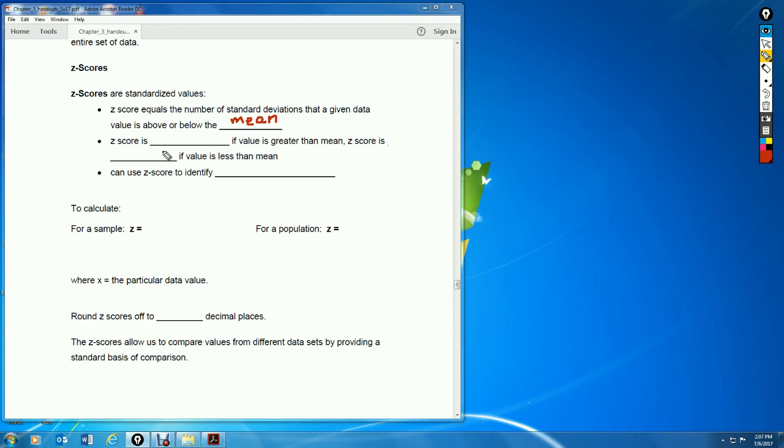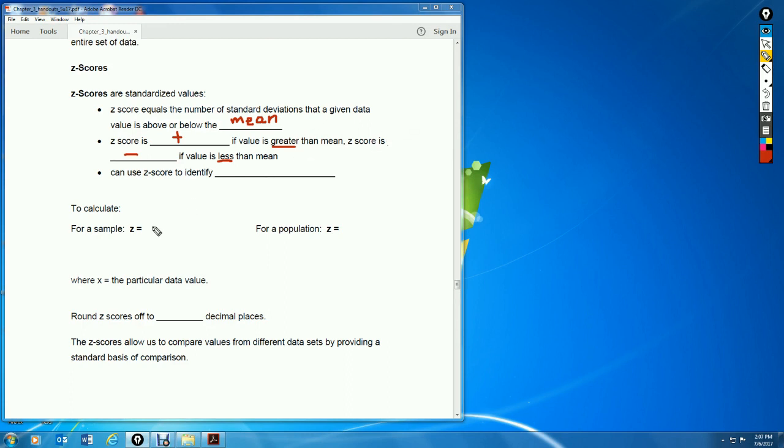If your data value is greater than the mean, then the z-score will be positive. If it is less than the mean, then it will be negative. And the thing that we use z-scores for is to identify unusual data values. Okay, unusual. Either unusually small or unusually large.